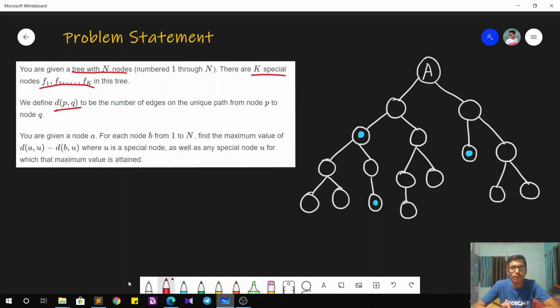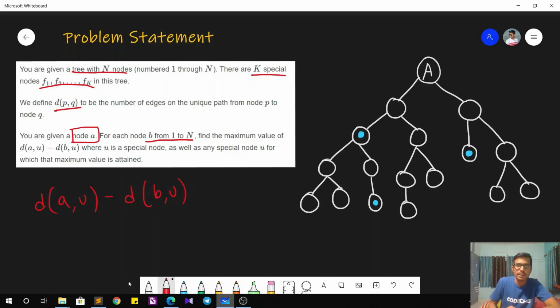So what is the question? The question is that we'll also be given an additional node a, and for all the nodes b belonging to 1 to n, we have to find the maximum value of d(a, u) minus d(b, u), where u is a special node.